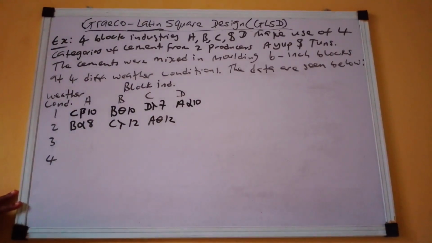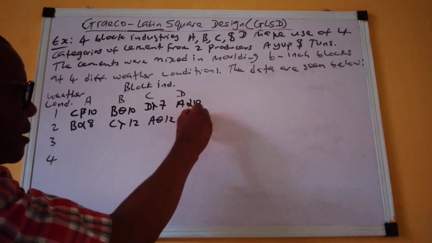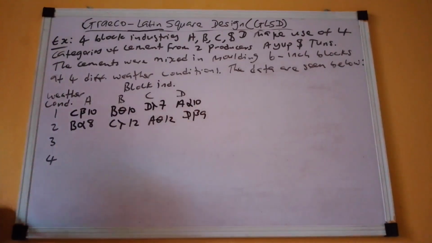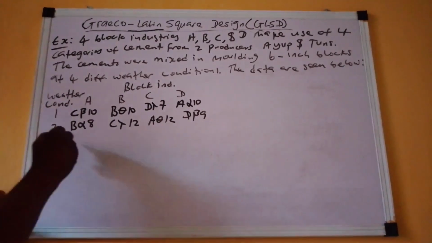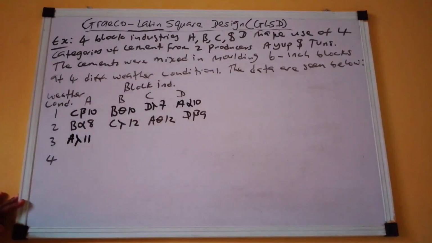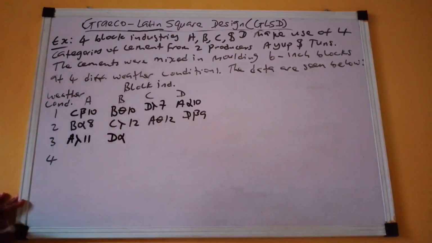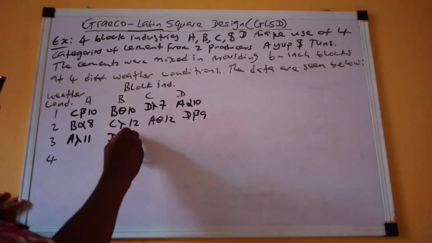And the last one is D beta, and that is 9. Then under weather condition 3, we have A lambda, and that is 11. We have D alpha, and D alpha is 9.